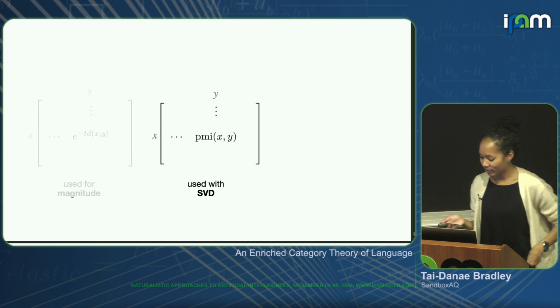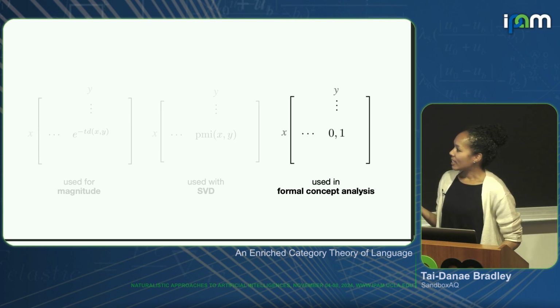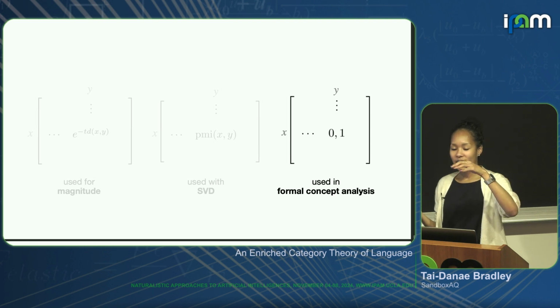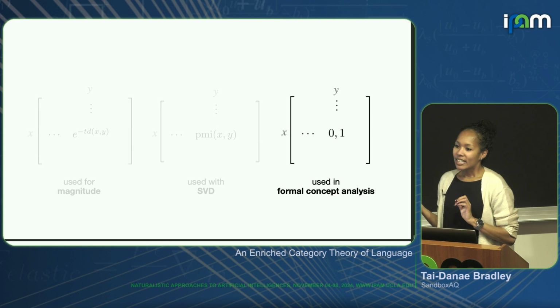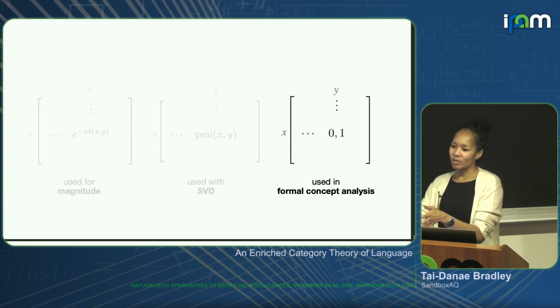That's something you can do. Another thing you might want to do with a matrix is choose a threshold value and set everything above that to 1 and everything below that to 0. So you get a binary matrix. Now, if you do something that's analogous to singular value decomposition, but it's a little outside the scope of linear algebra, but it's analogous.